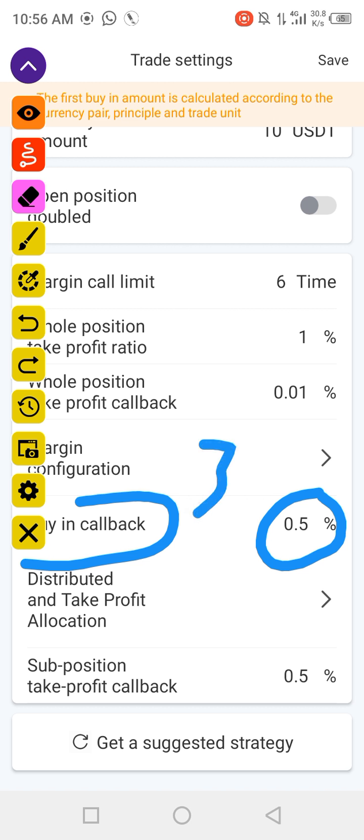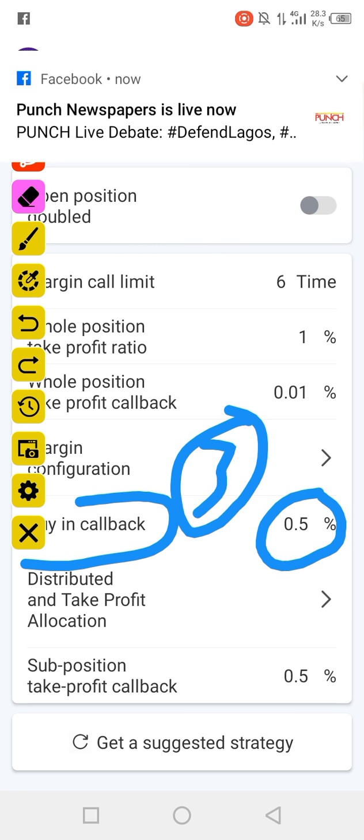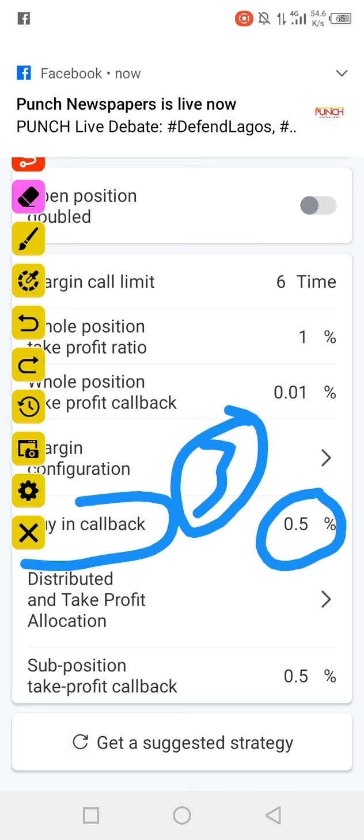So once the position number 3 is sold, the system will wait for the coin to drop 0.5% before it will buy again.